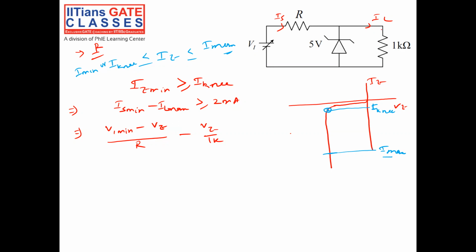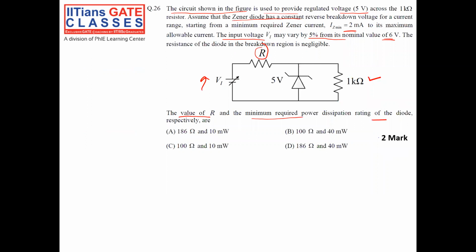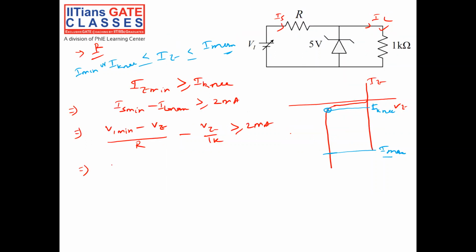So I will take Vz by 1K, that is equal to 2 milliampere. This implies V in minimum is nothing but 6 volt with 5% variation, that means 6 volt into 0.95, it can go towards the downside, minus 5 volt, the zener voltage, by R minus 5 by 1K, that is equal to 2 milliampere.